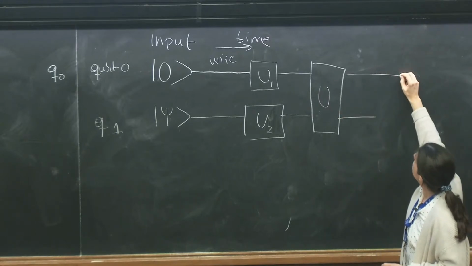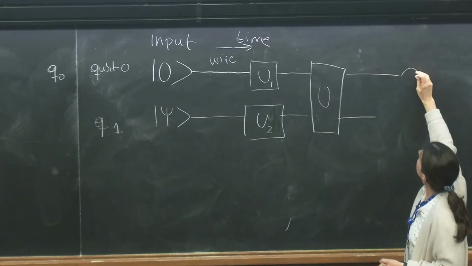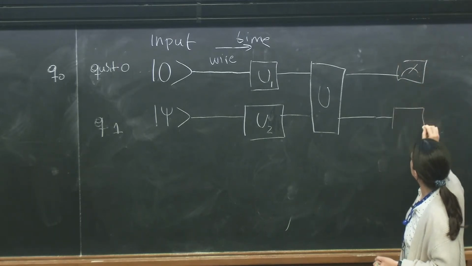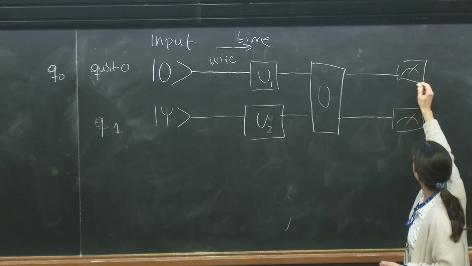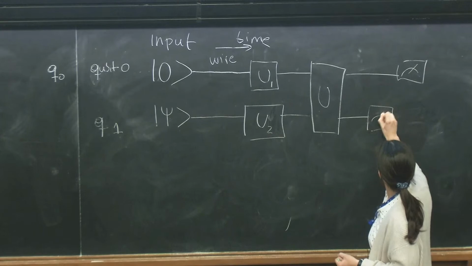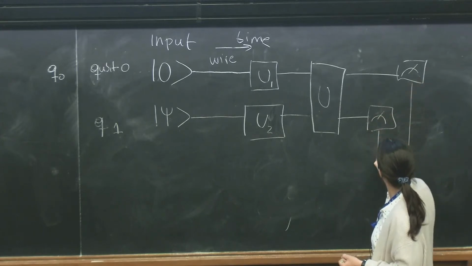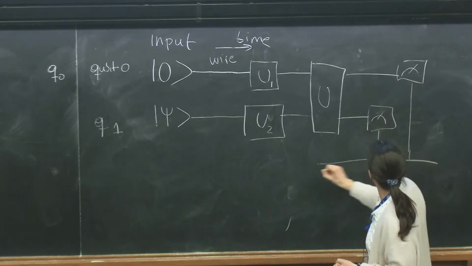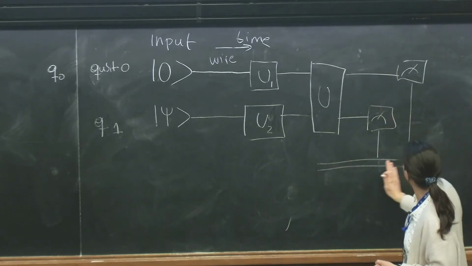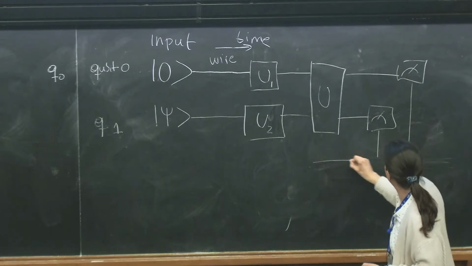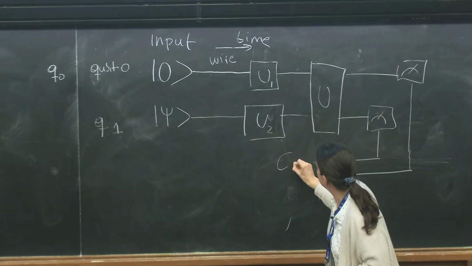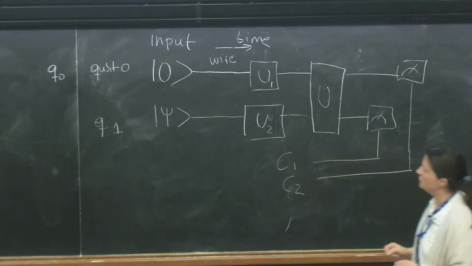And then eventually what you do is you measure your qubit. Why do we need to measure your qubit? So we measure our qubit, and then typically what you have, drawn differently up there, is your classical registers. So maybe here you have a classical register 1 and classical register 2.